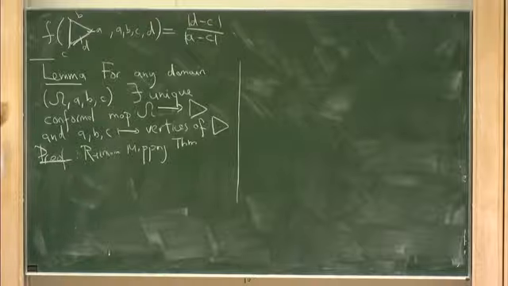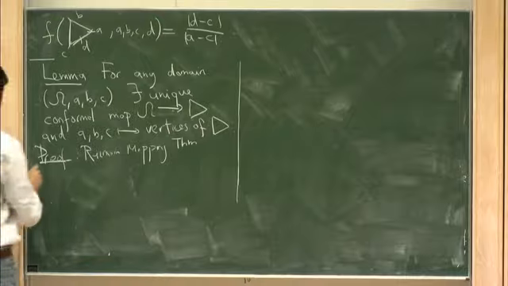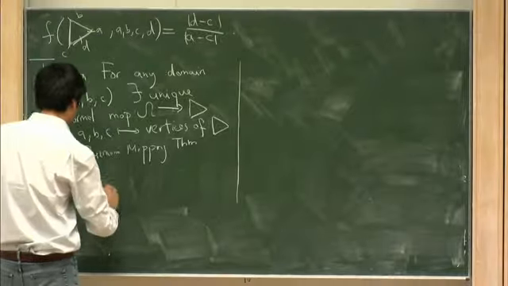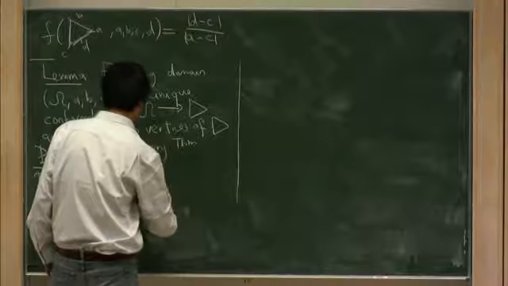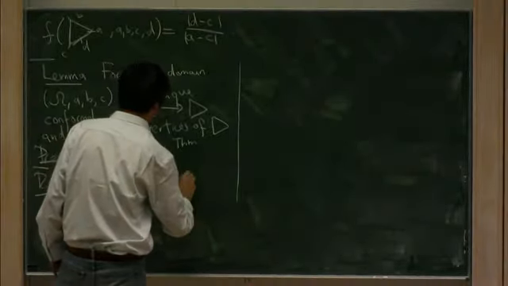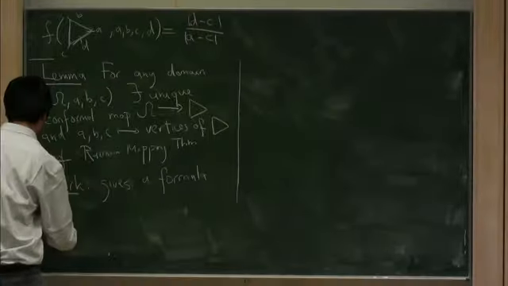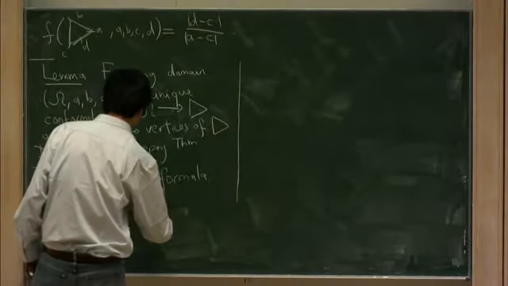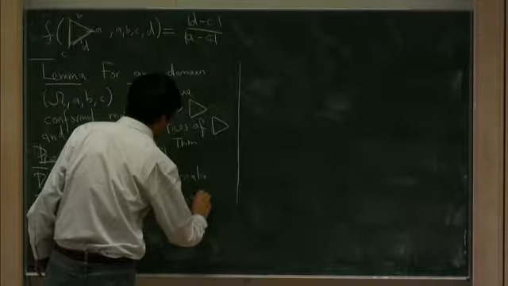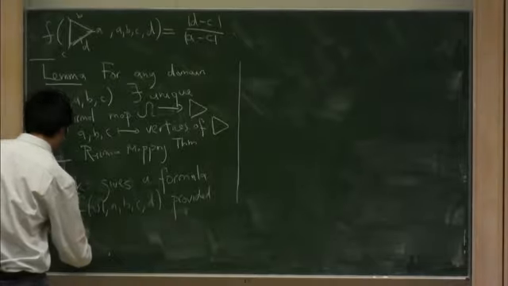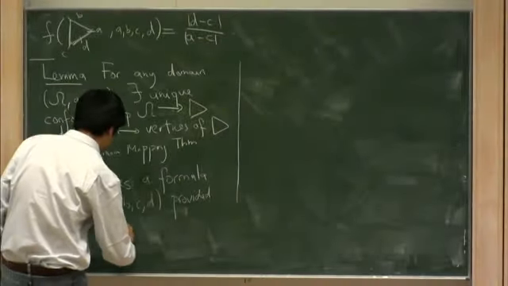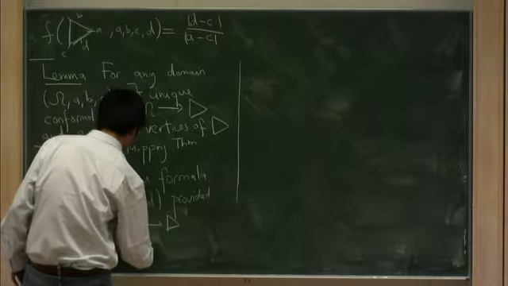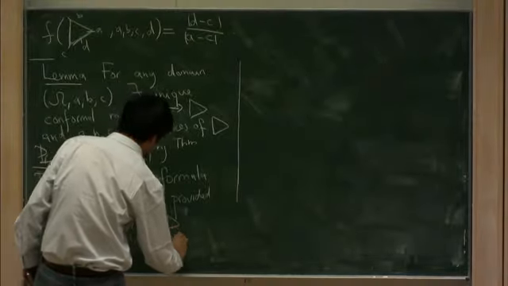So from this lemma, we can make a remark. It gives a formula for F omega A, B, C, D, provided we can compute the map from omega to the triangle and A, B, C to the vertices.